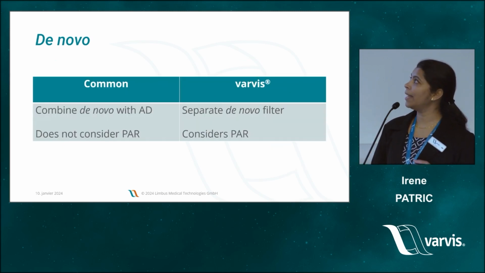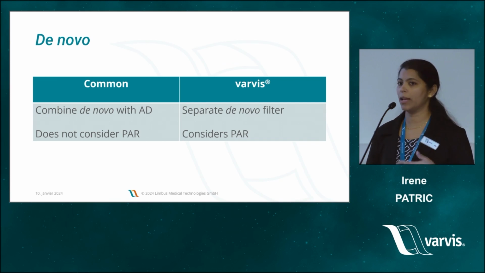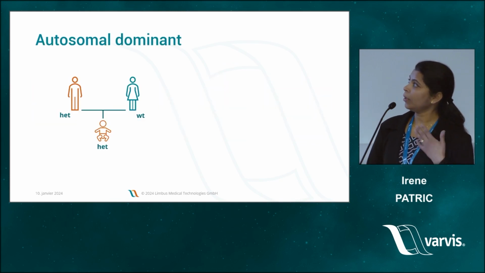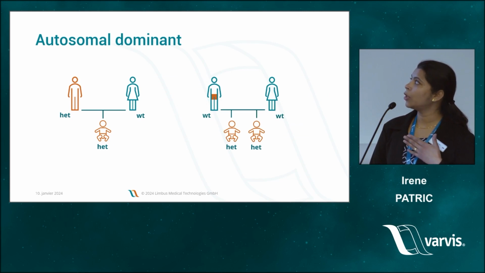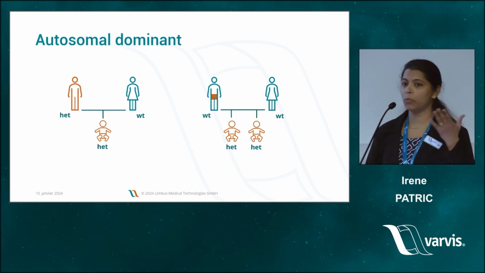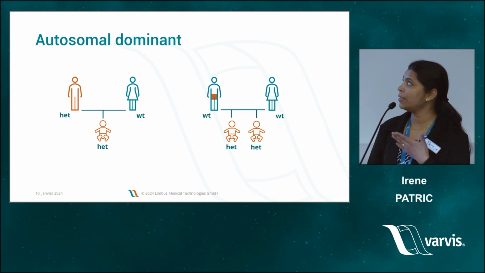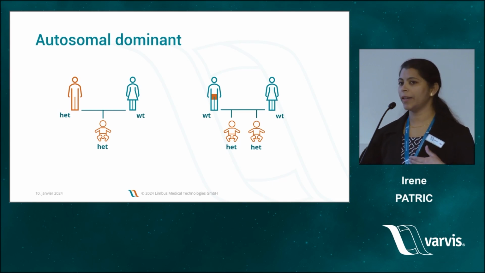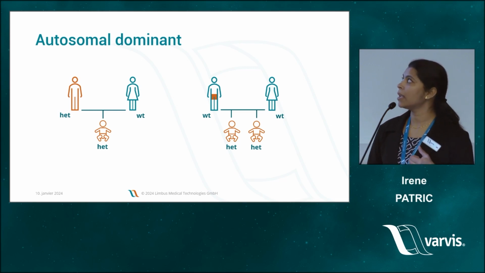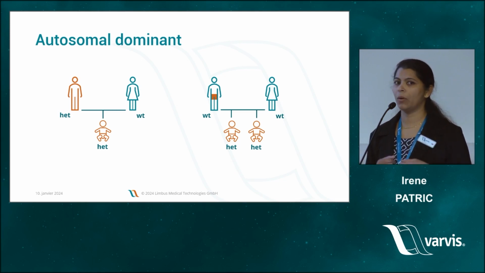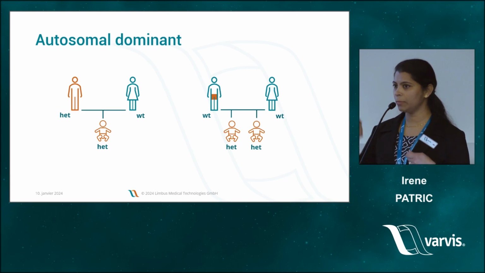But now let's see what it can be. In varvis, there is a separate de novo filter, and we also consider PAR. When it comes to other filters, one thing that you can consider is mosaicism, like I said earlier, in the parents. You would see another affected sibling who is heterozygous, but the parents are wild type. Now, do all filters work in such a way that this is incorporated when you click on this?